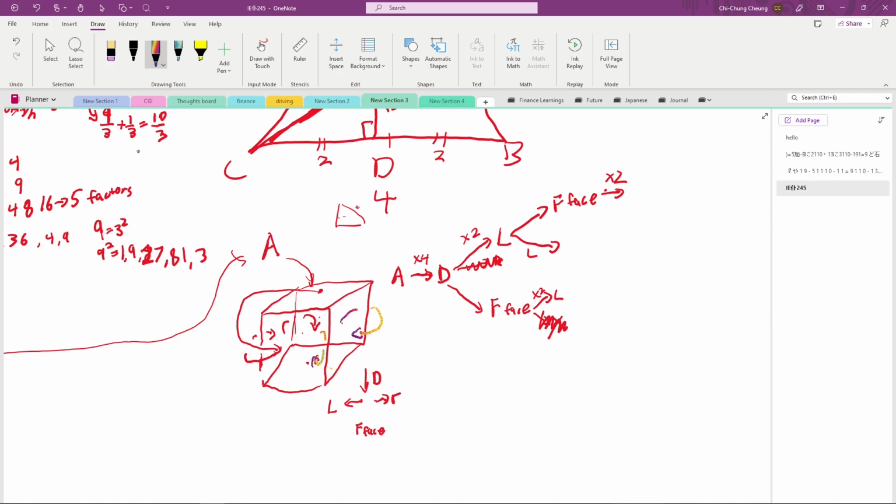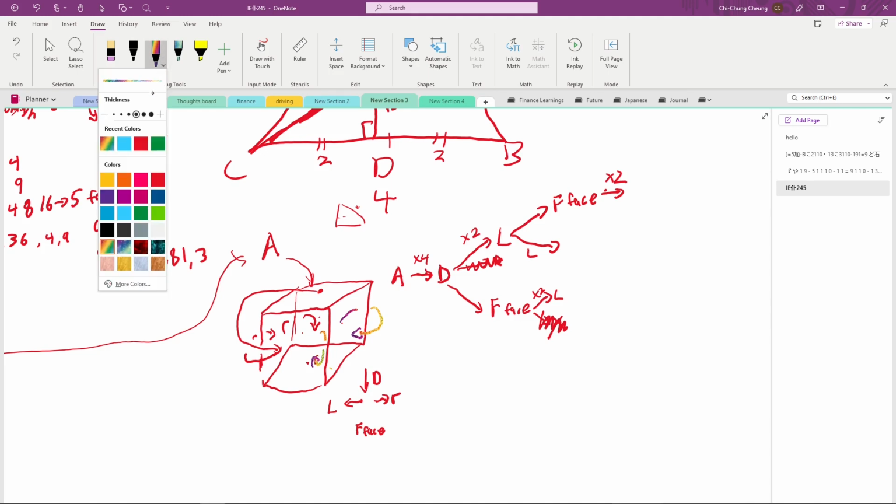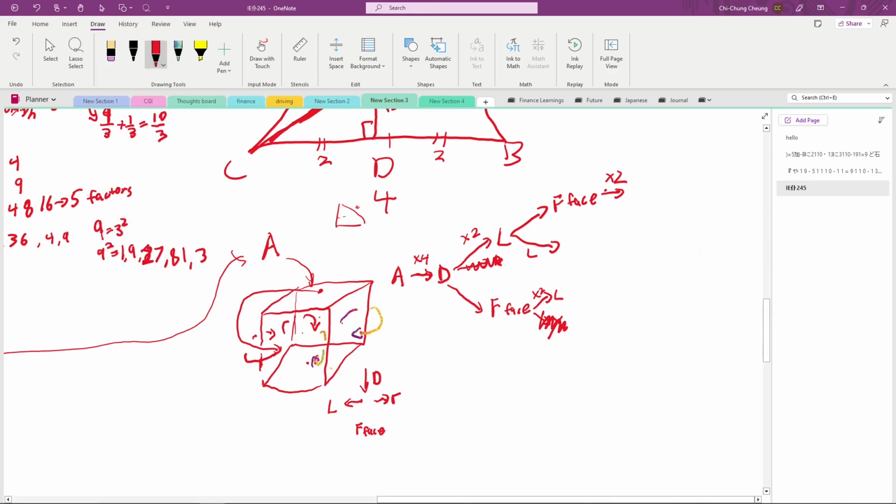So you can do two options and then you only have one option left. So this is also another two options.